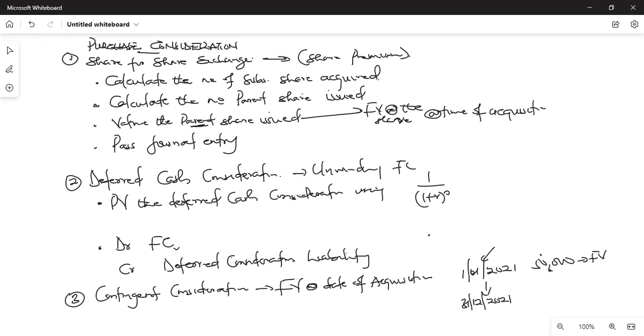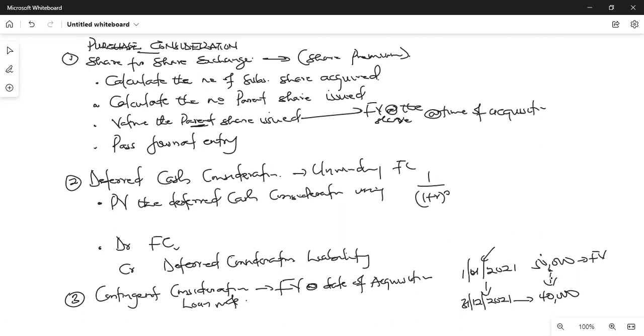But my point here is, what happens if you've issued, let's say, a loan note as the contingency? Let's say the fair value of this decreased at the time you were coming to pay, to 40,000. What has happened?